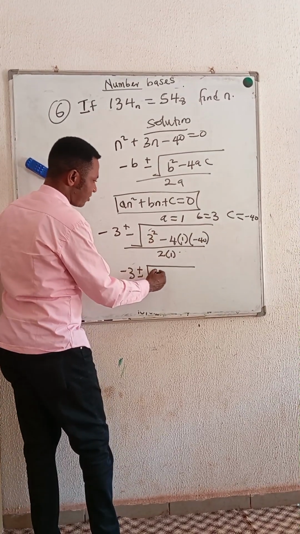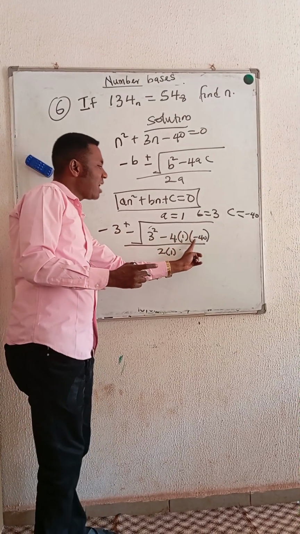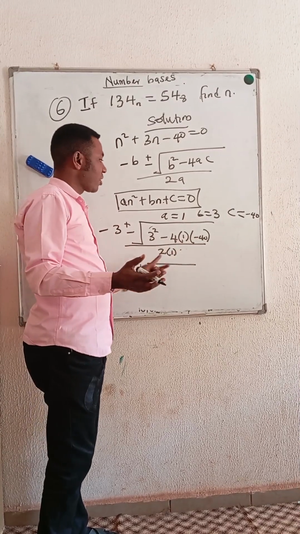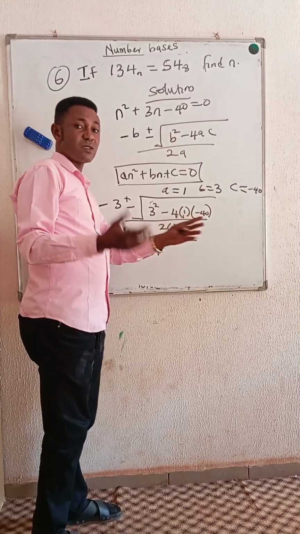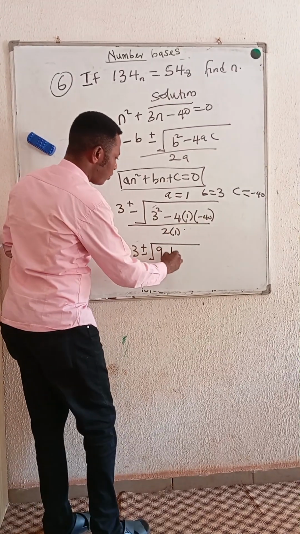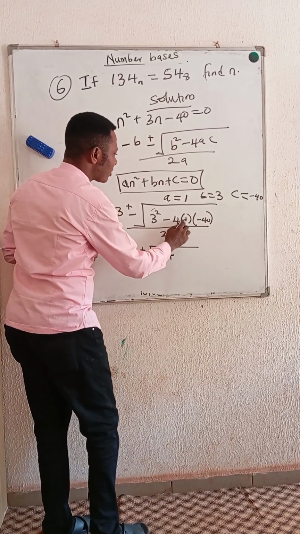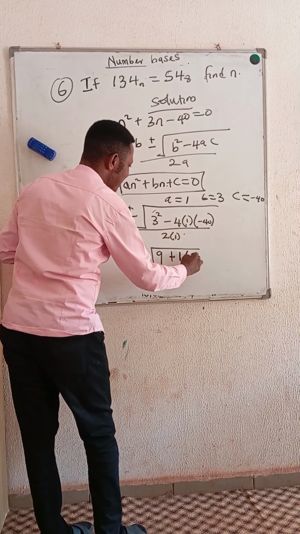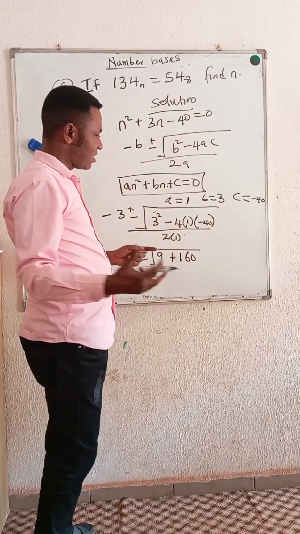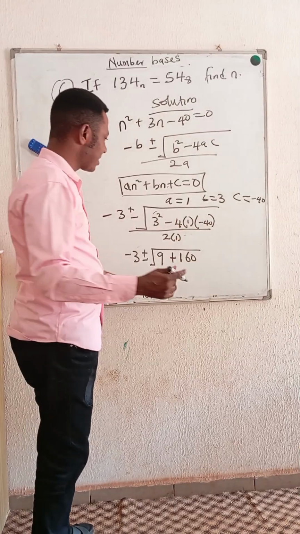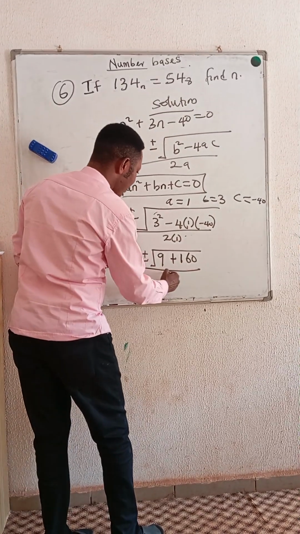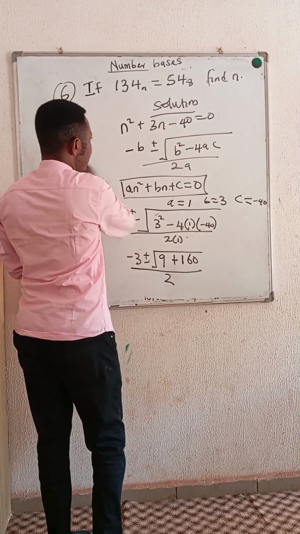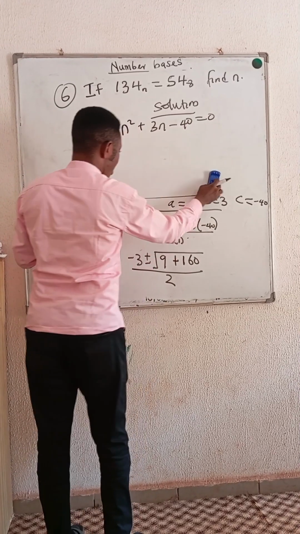So 3 times 3 you have 9. But mind you, because we have another minus here, minus times minus becomes plus. So 4 times 1, we have 4, 4 times 40, we have 160, all over 2.